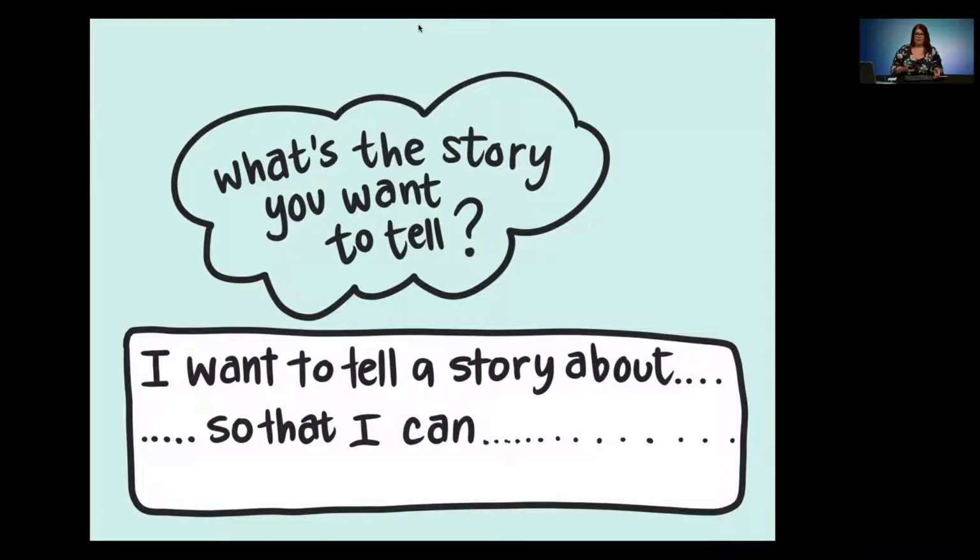So it goes along the lines of, I want to tell a story about something so that I can do something. It might be so I can influence change in something or other, depending on what theme you're doing.